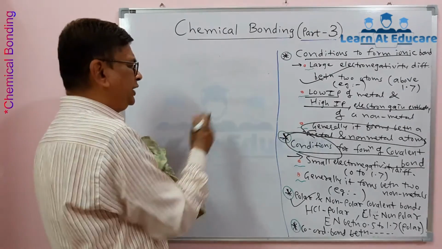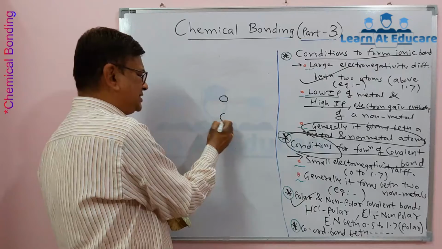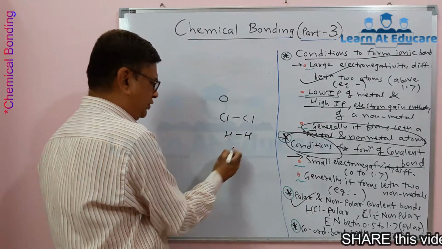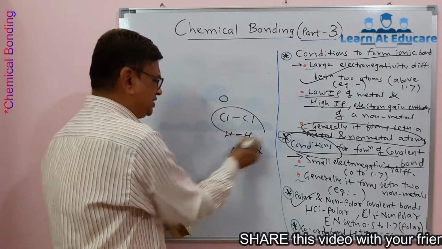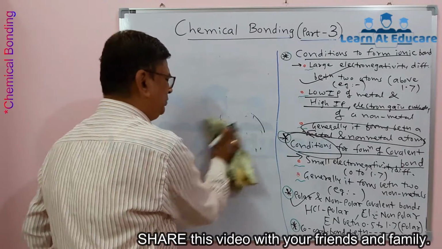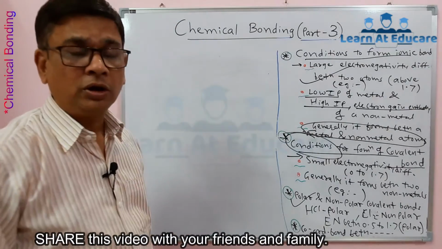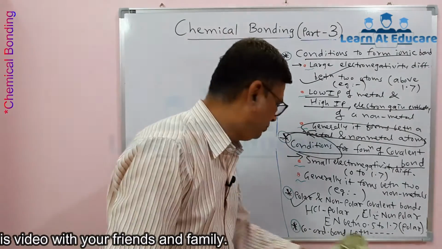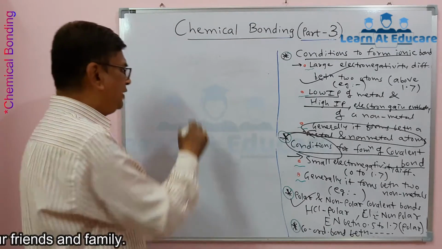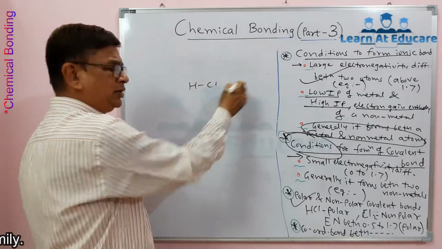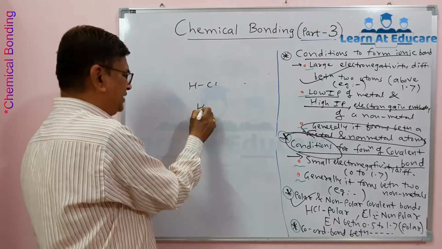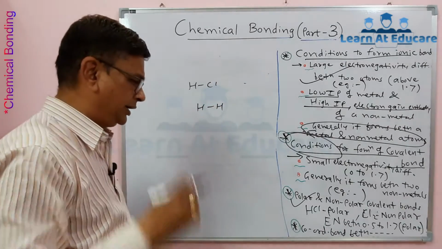If there is no electronegativity difference, for example chlorine-chlorine, hydrogen-hydrogen, nitrogen-nitrogen, such covalent bonds are said to be non-polar or pure covalent bonds. As examples, HCl is a polar covalent bond and H-H is a non-polar covalent bond.